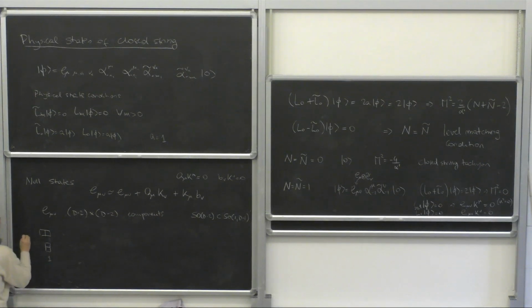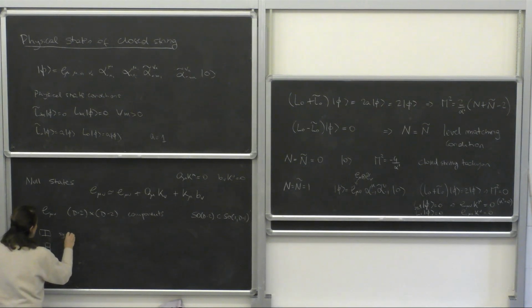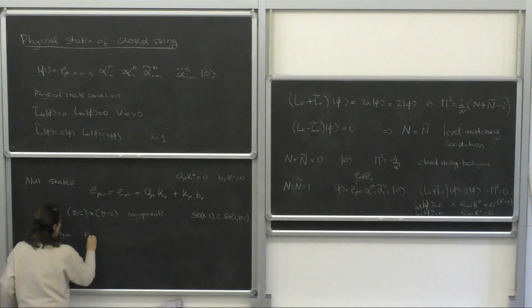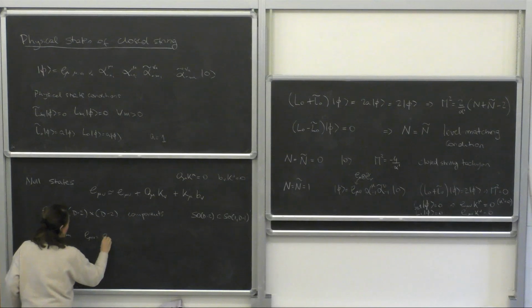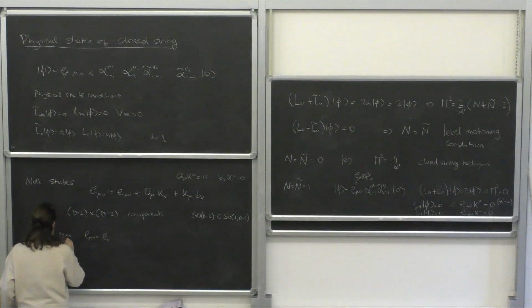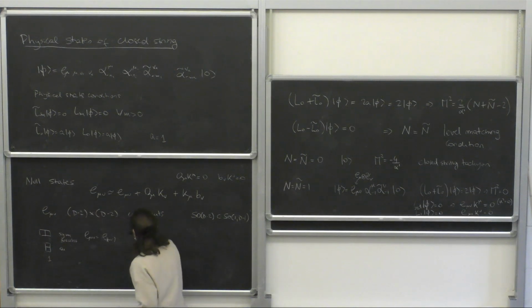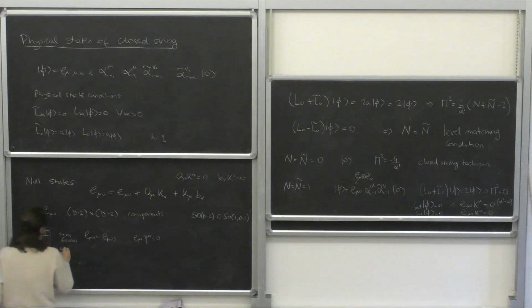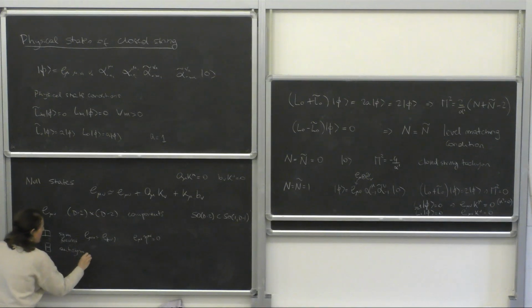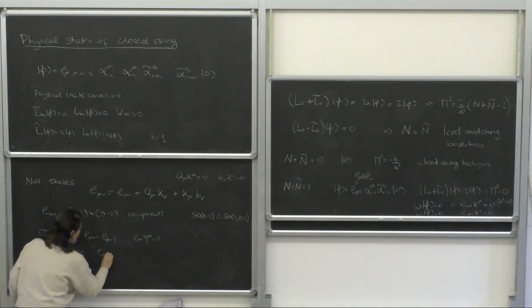So this is the symmetric traceless: mu nu symmetric, and then eta mu nu times the tensor is equal to 0. The anti-symmetric mu nu.